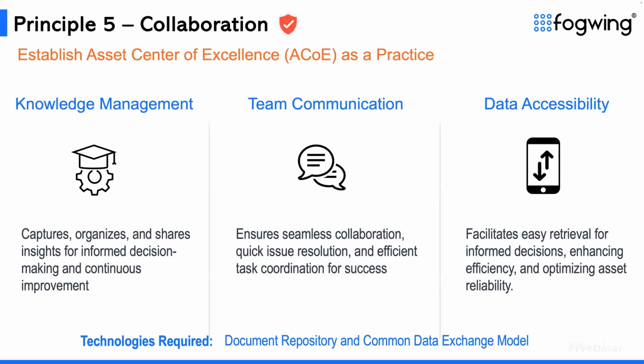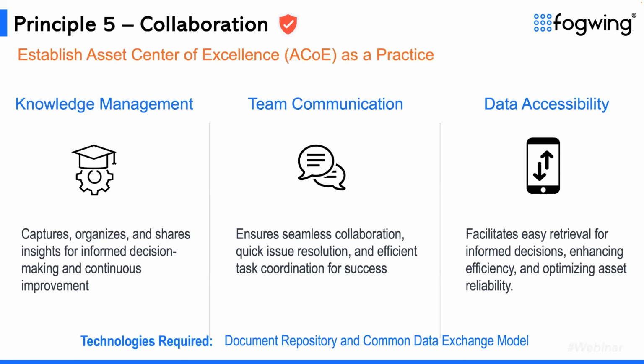For enforcing all three of them, we need a technology solution. There is technology available for maintaining the document repository where all the specifications are kept. Also, there is technology for common data exchange, such as a chatbot or chat work, or a mobile app solution to quickly access the data and understand what has happened, the history information, the specifications.